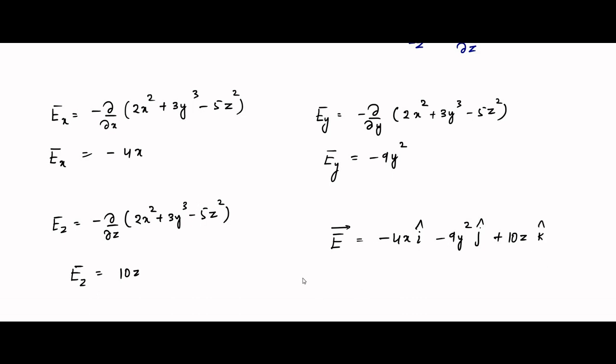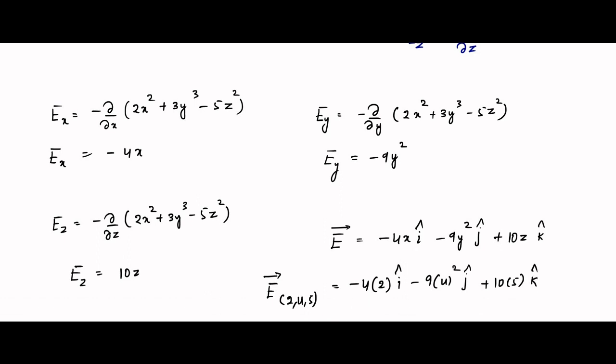Okay, so the electric field at the point 2, 4, 5, that is x is equal to 2, y is equal to 4 and z is equal to 5, is given by minus 4 into 2 i cap minus 9 into 4 square j cap plus 10 into 5 k cap.